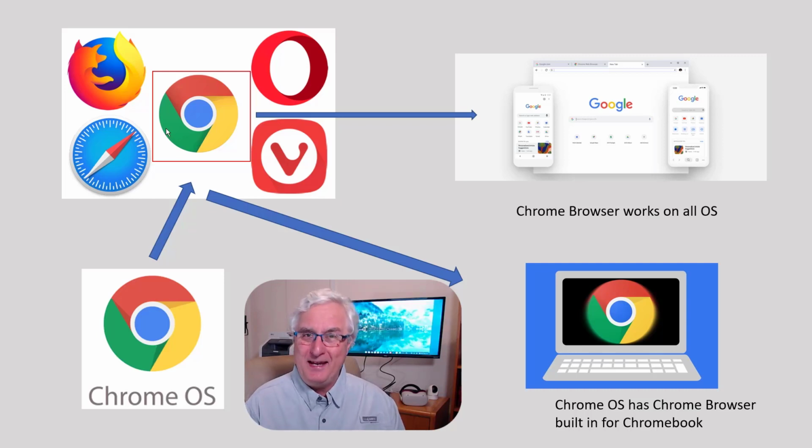This year, Google made a decision to update the Chrome browser on a monthly basis. They got the whip out and said to the development team, once a month, we're going to have a new version of the Chrome browser. But also they plan to simultaneously update the Chrome operating system.